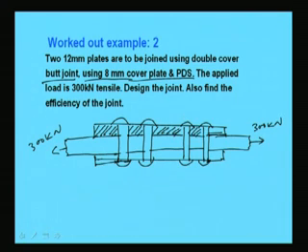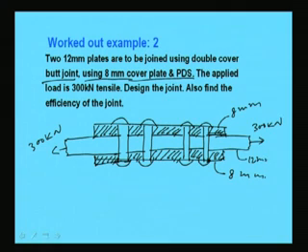with a thickness of 8 mm. Here also another cover, it is a double cover. So, here also we are putting another cover, this is also given as 8 mm, and the main plate is of 12 mm.